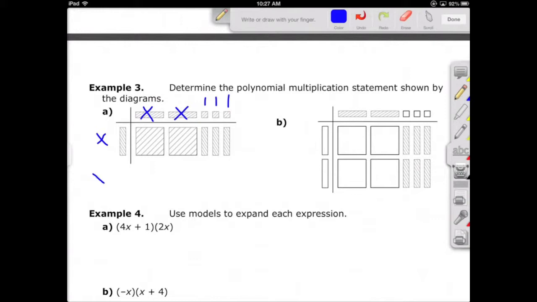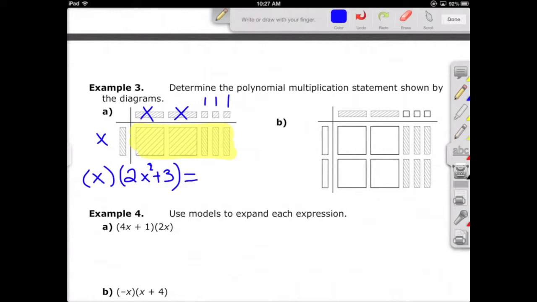So what we have is x being multiplied by 2x squareds plus 3. And since they're darkened in, we'll say they're all positive. The answer in the middle, right here, is our product, of course. What does this mean?